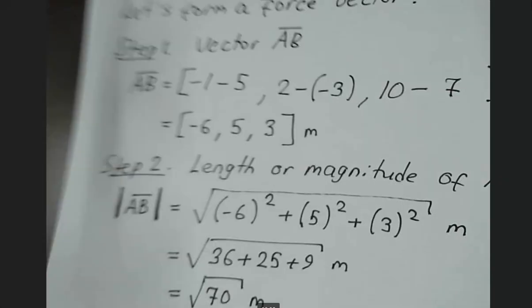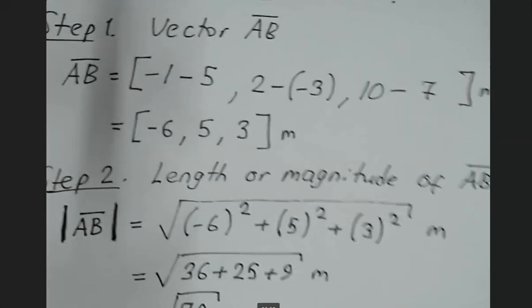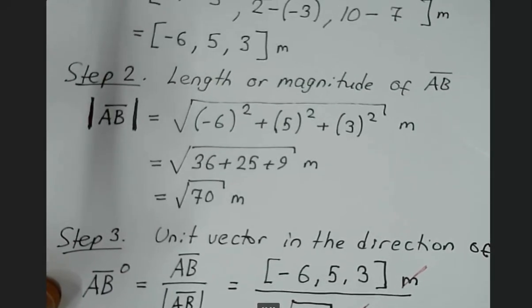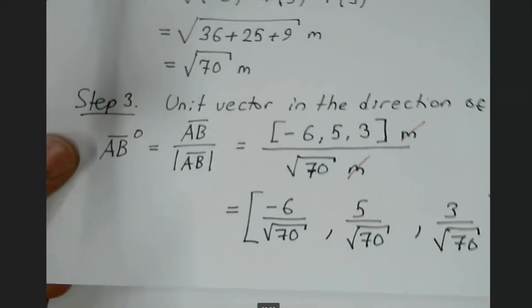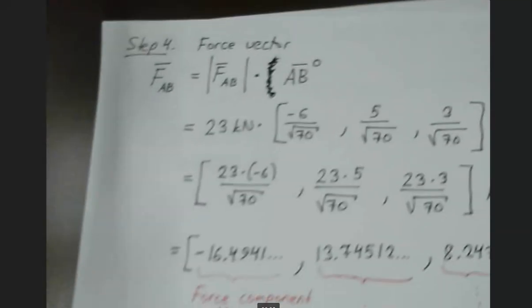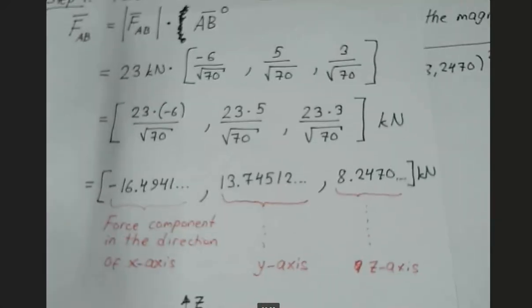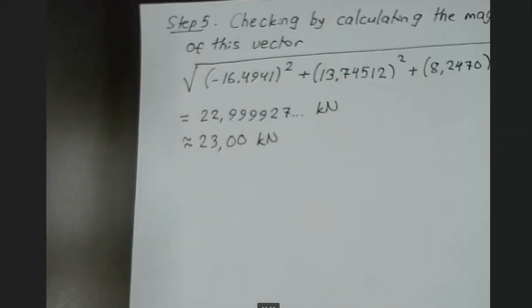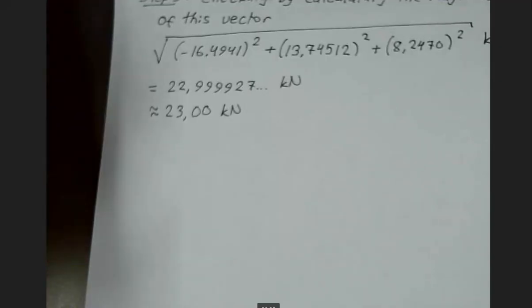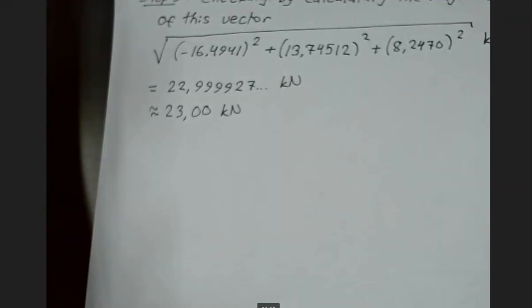This is quite simple mathematics: only sums or subtractions, square root, Pythagoras theorem, then dividing by numbers, and multiplication. It's just simple mathematics, but there are many steps, and many places where you can make, or I can make, a mistake. So this is our final result of this force vector.